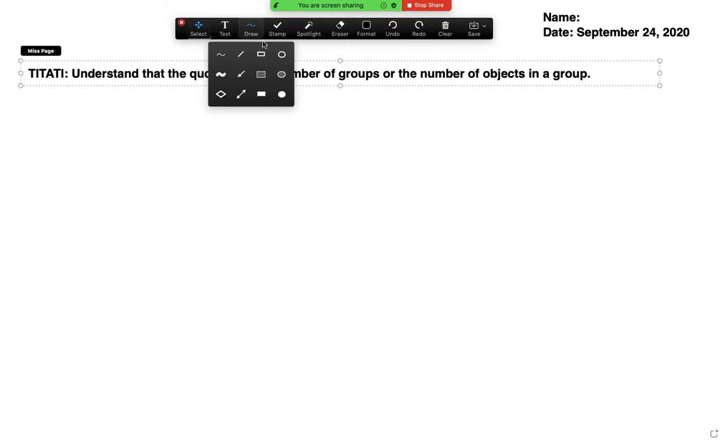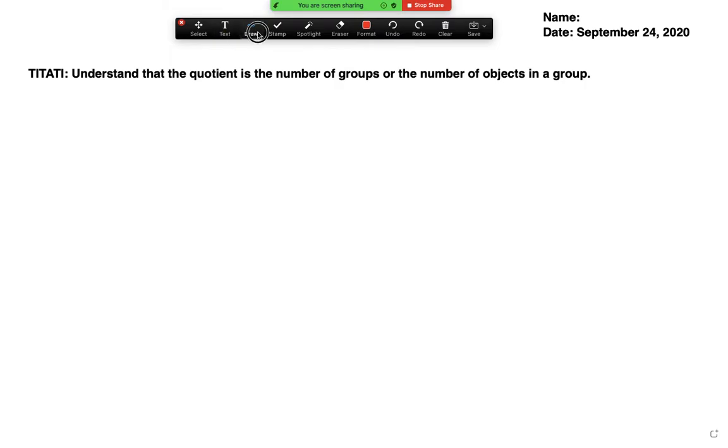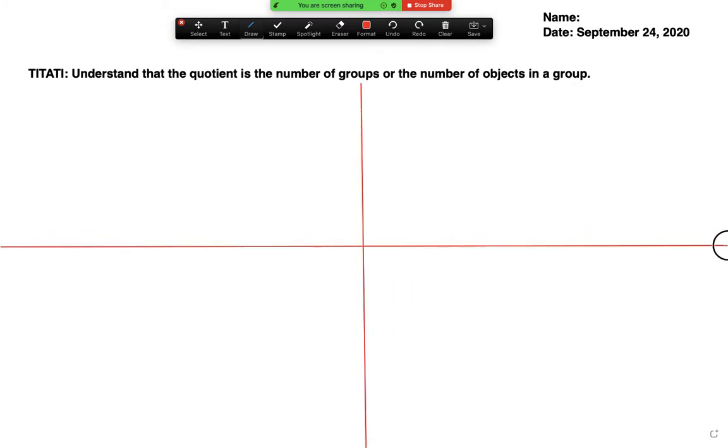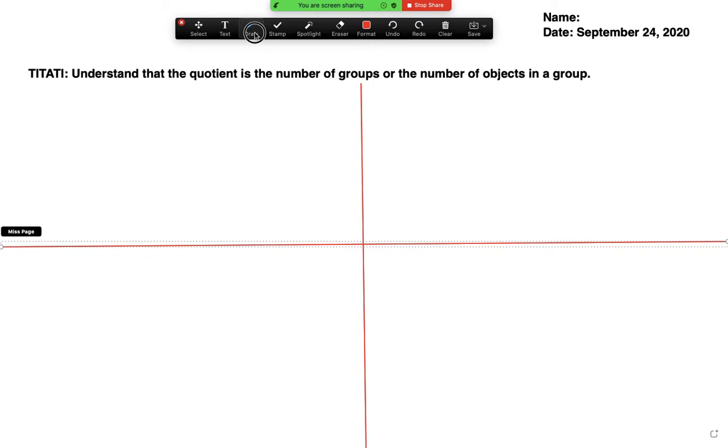Once you have that, go ahead and draw your foursquare. And we label it quadrant 1, 2, 3, and 4. If I do it, you go ahead and do it as well.